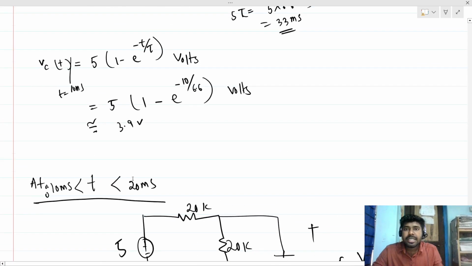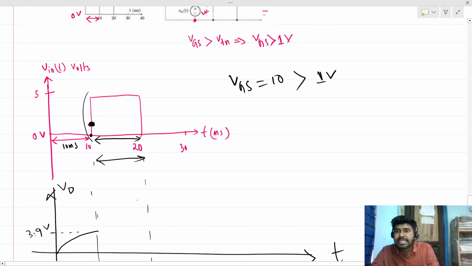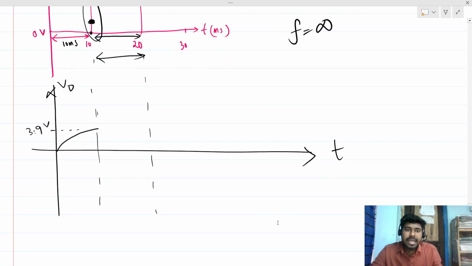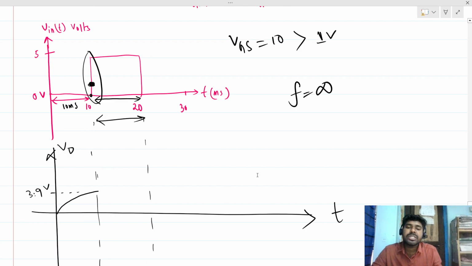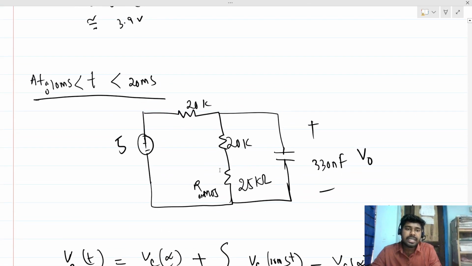And one thing: when this edge comes, the circuit feels an infinite frequency, so the capacitor becomes short circuited. As the capacitor was previously charged, it will act as a voltage source. So eventually it will look like that.